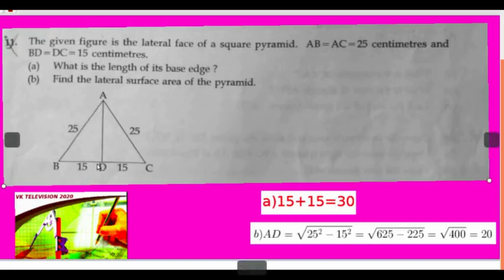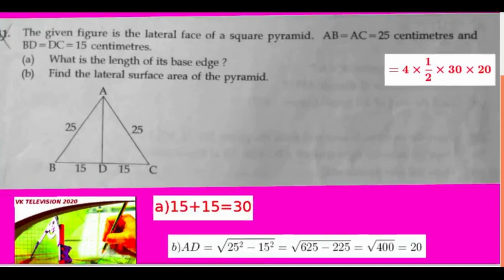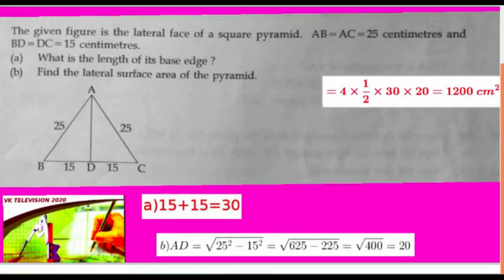So this length is 20, base is equal to 30, slant height is equal to 20. So area is equal to half into B into H, that is half into 30 into 20. So here area is equal to 4 into half into 30 into 20, which is 1200 centimeter square.